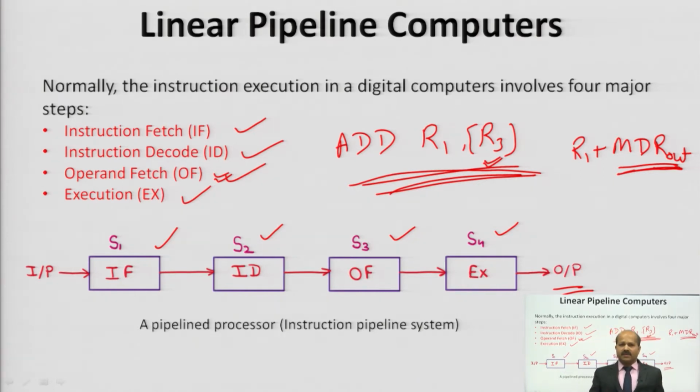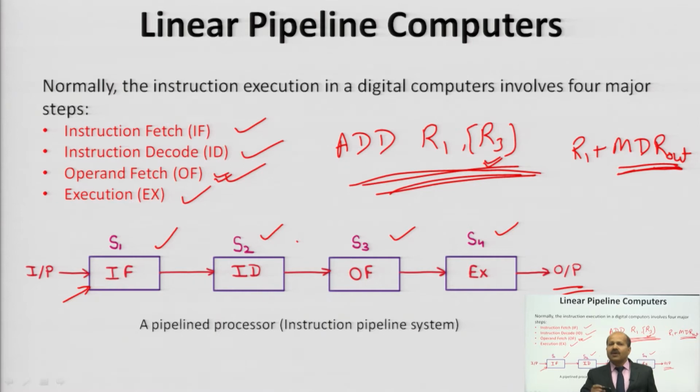In the first case, when the first instruction is going to be executed by the system, this segment will work and the other segments are empty. So, only one segment is working.